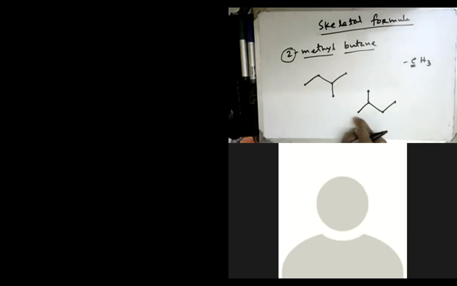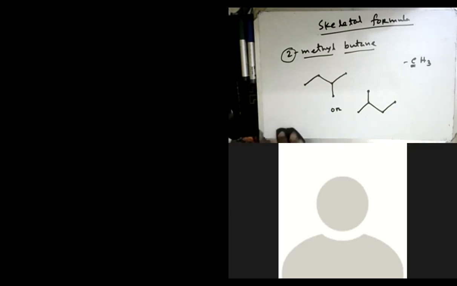From this side, this is 1 number carbon, this is 2 number carbon, right? And from this side, 1 number carbon, 2 number carbon. So this one or this one, both are the same. So 2-methyl butane, in this way we can draw. Clear? I hope you understood.